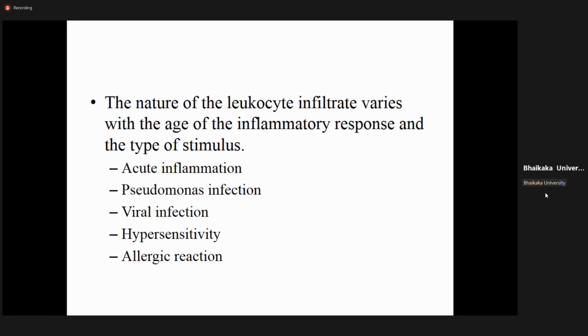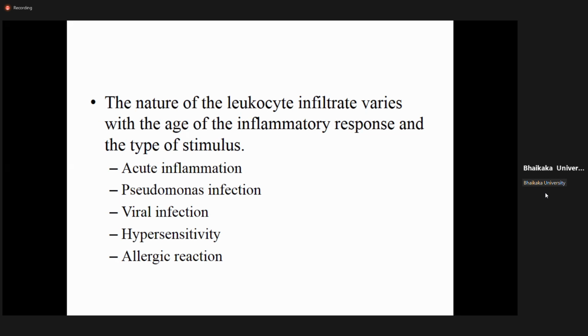But there are certain conditions where the nature of this leukocyte infiltrate differs. Like in Pseudomonas infection, there is continuous and ongoing recruitment of neutrophils at certain intervals. Whereas in viral infection, lymphocytes are the predominant cell types present even from the beginning.